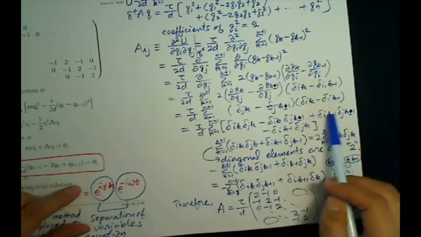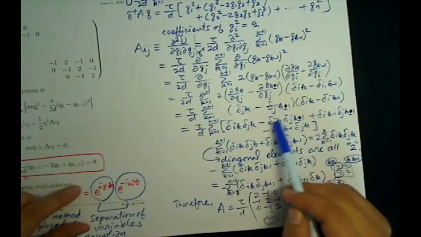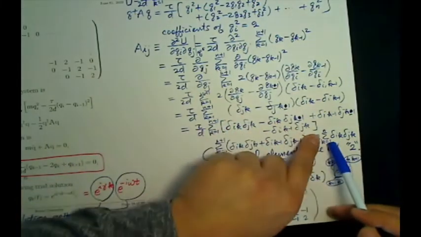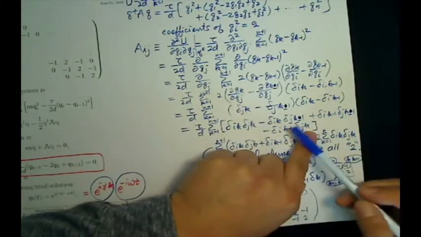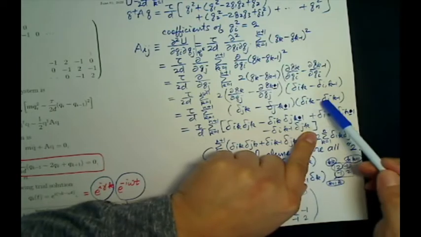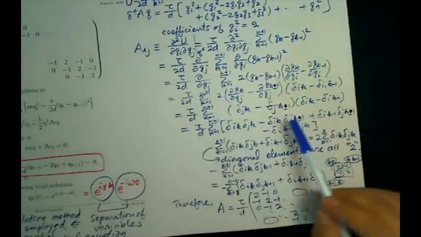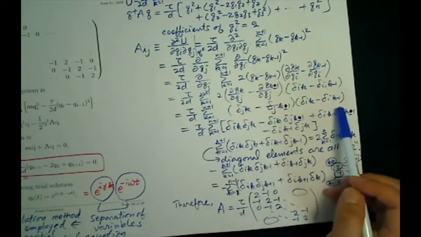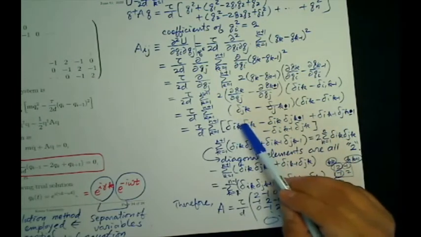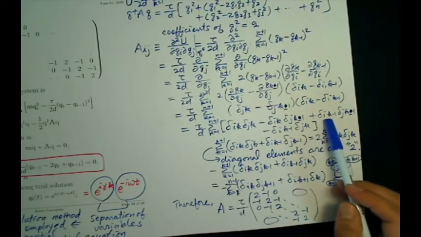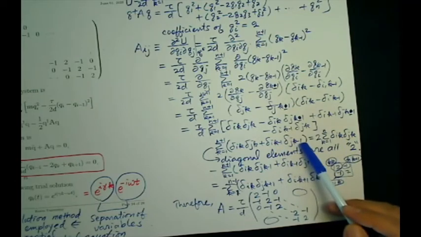In the middle, we have a negative sign, delta jk and delta ik minus 1, and delta ik and delta jk minus 1. Okay, let us first consider these two pieces, delta ik delta jk and delta ik minus 1 delta jk minus 1.